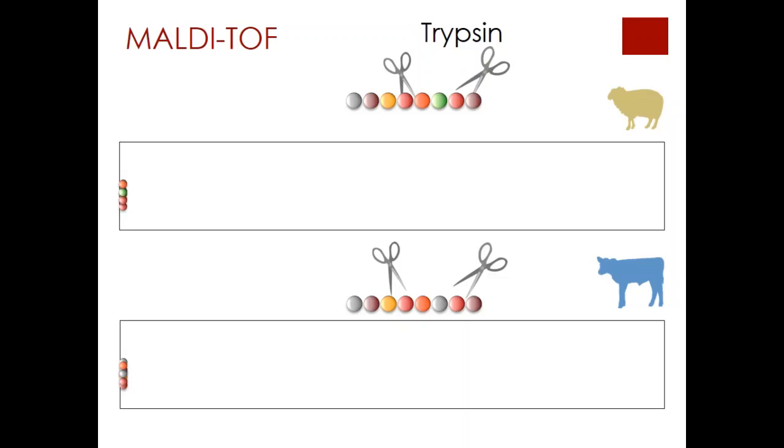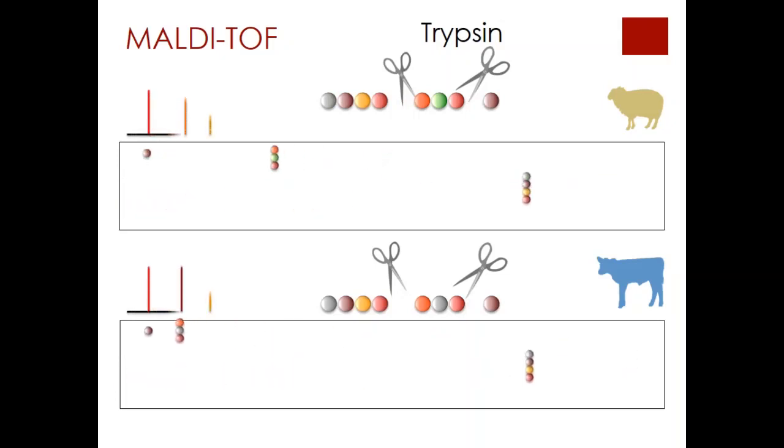And what we're going to do is put our little cut-up fragments of our protein into that tube, give it a kick of energy, and they will travel down. And depending on their size, obviously the ones that are smaller will travel a lot quicker. Those that are larger will take a longer time to travel down the tube. And by measuring at what point they reach the detector, we can discriminate different sizes.